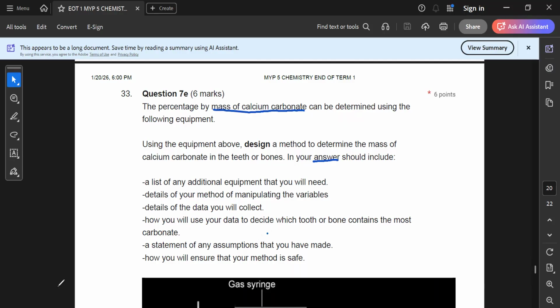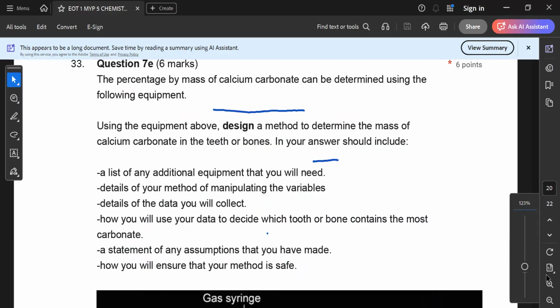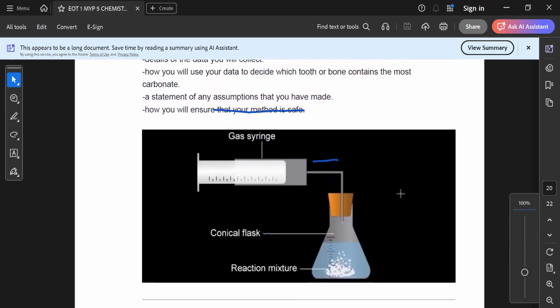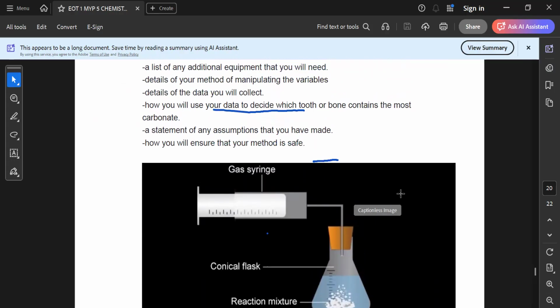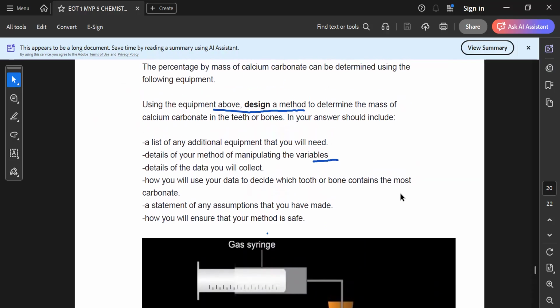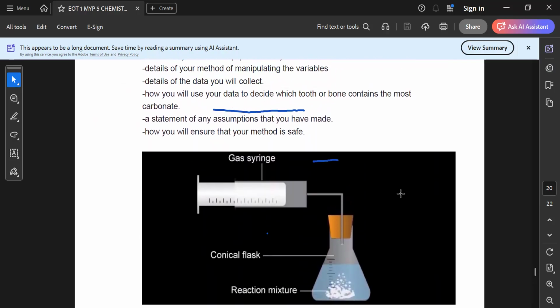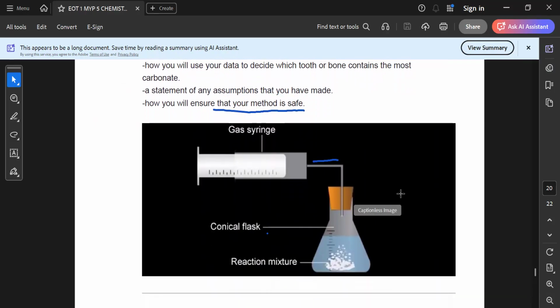Just to give you a hint of what the experiment was all about, because of time, they were measuring basically how much carbon dioxide is produced when you react the calcium carbonate in the bones with an acid. So in this experiment, you must be measuring the same amount of calcium carbonate or the bones.